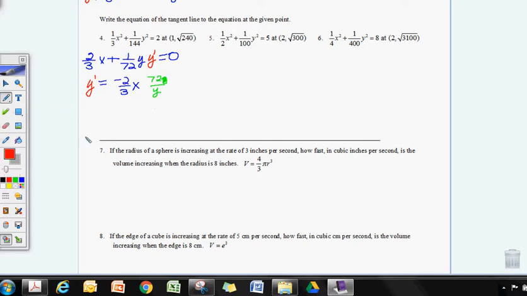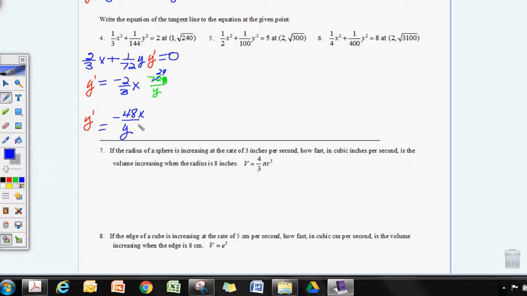And my final equation would be y prime equals, and I believe, does 3 go into 72? Yeah, 24 times. I'm going to get negative 48x over y.